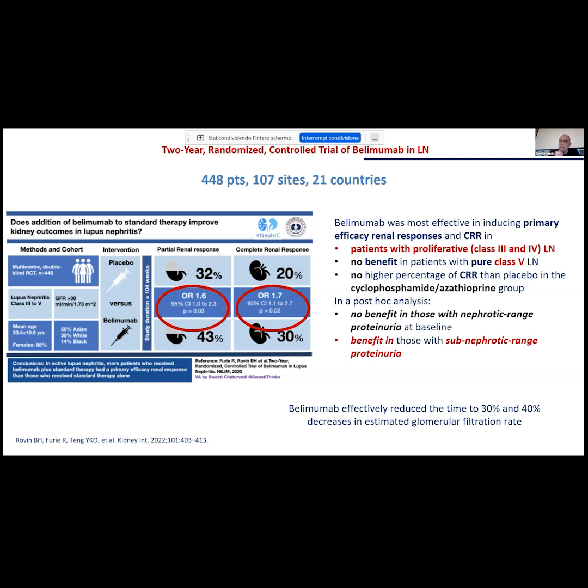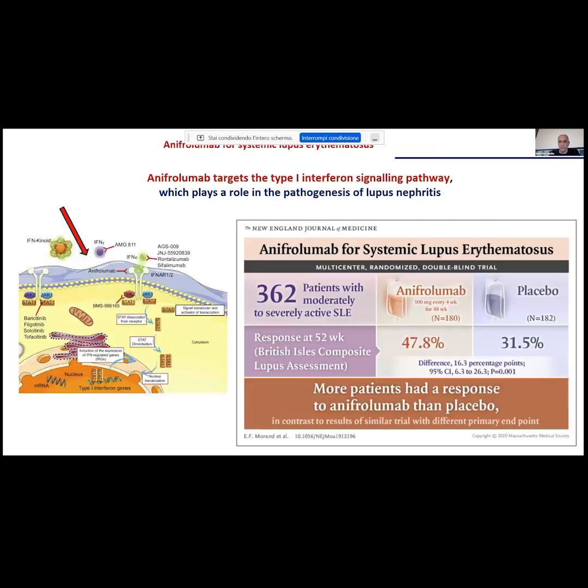Apparently, no benefit could be achieved in pure class 5 lupus nephritis, the membranous type of lupus nephritis, and fewer responses could be obtained in terms of complete renal response by combining belimumab with cyclophosphamide azathioprine, while in post-hoc analysis, the greater benefits were obtained in patients with subnephrotic range proteinuria, not in nephrotic range proteinuria.